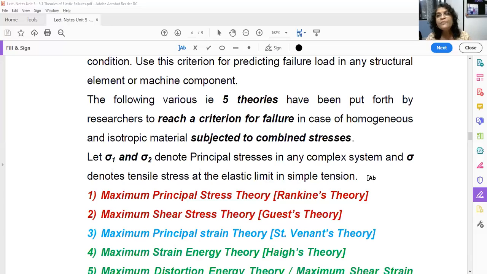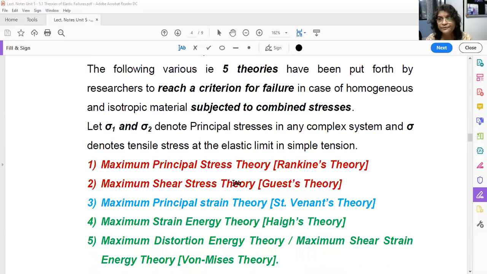The failure stress divided by factor of safety is what we call sigma permissible, that is permissible stress or design stress or working stress. Up to that stress we can induce stresses, but if it goes beyond that, the material is going to fail.